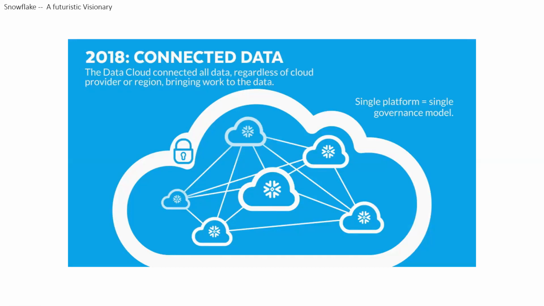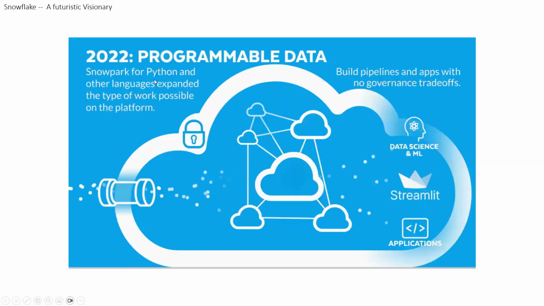Your data is brought together and used by people across the globe. That's the reason it is used as connected data. And in 2022, security was added, data science and ML were added, applications were added, and then Snowpipe for streaming data was also added.